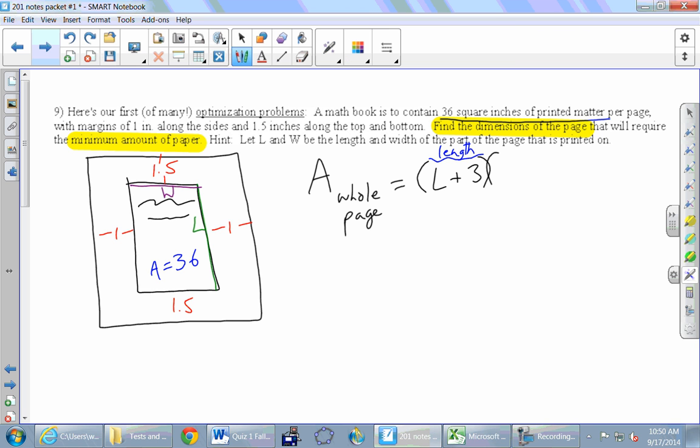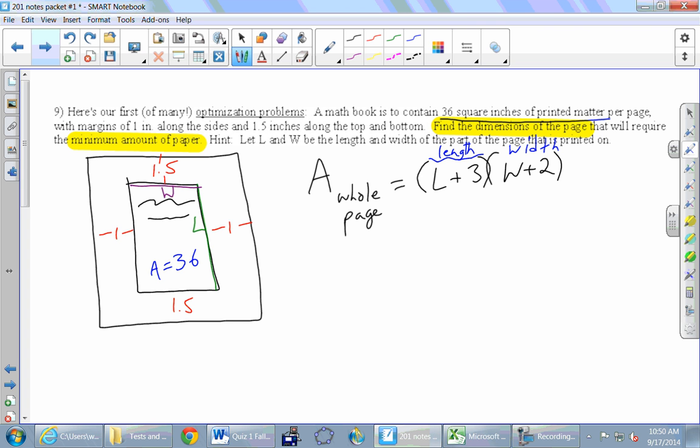And then times the width of the whole page, which is here to here, which includes the W plus 2 more. So W plus 2 is the width of the whole page. That is the thing to be minimized.